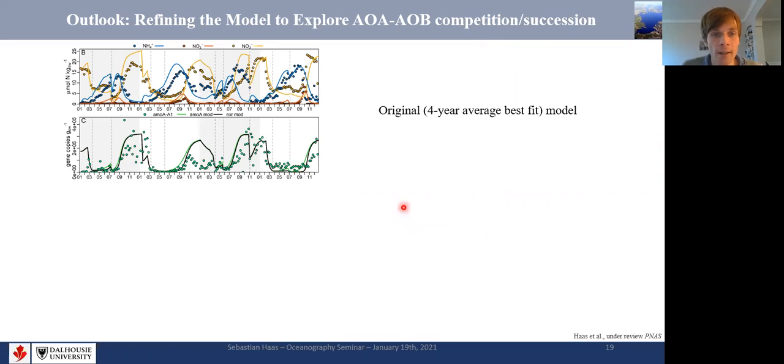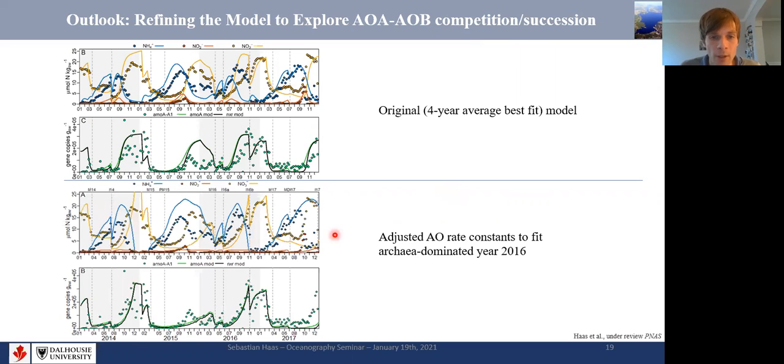One outlook item, one potential thing to move forward with in Bedford Basin research, is to look further into this competition between archaeal and bacterial ammonia oxidizers. Here I reproduced the plot we looked at before with the model output. Down here, the model runs slightly differently, with a different rate constant for ammonia oxidation to better fit the increase in the amoA marker gene, which we overestimate in the standard model here.